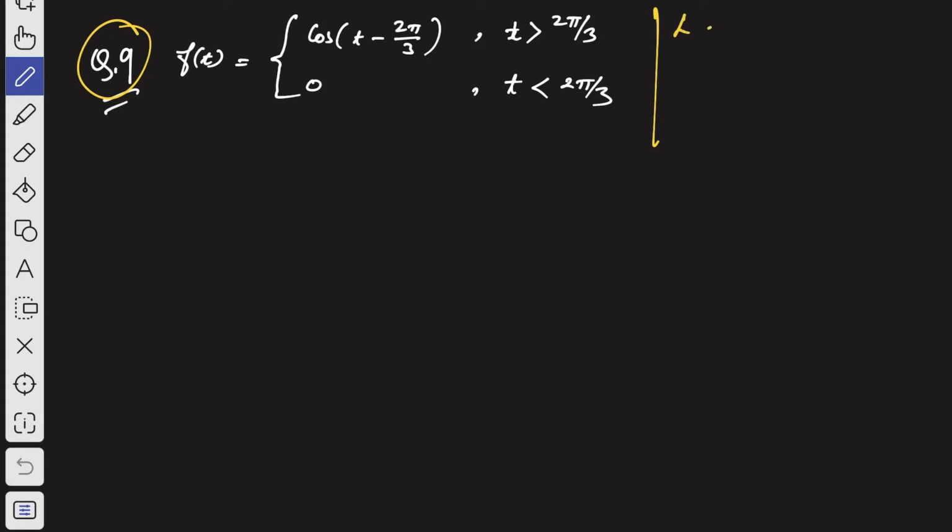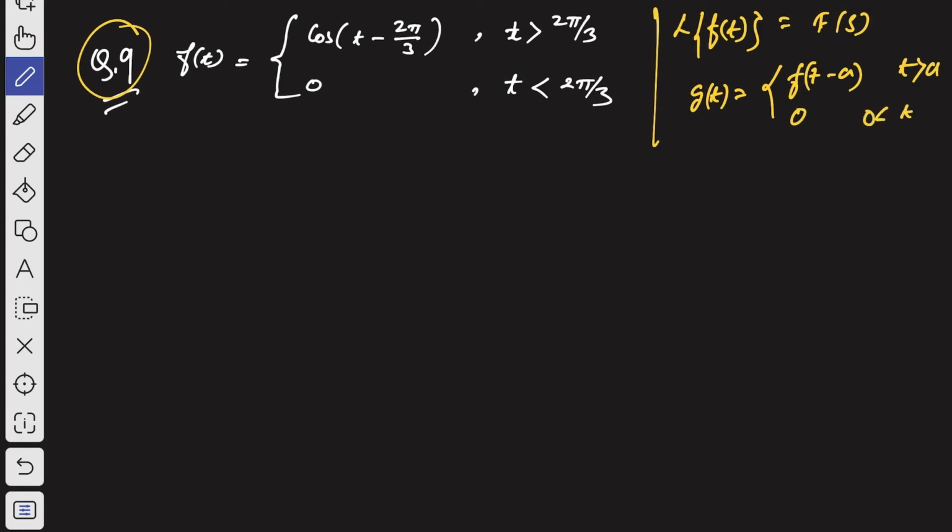According to the second shifting theorem, if Laplace transformation of f of t is equal to capital F of s, right, then g of t, which is equal to f of t minus a when t is greater than a, and otherwise it is 0 when t is greater than 0 and less than a, then Laplace transformation of g of t is given by e to the power minus as into capital F of s, right?